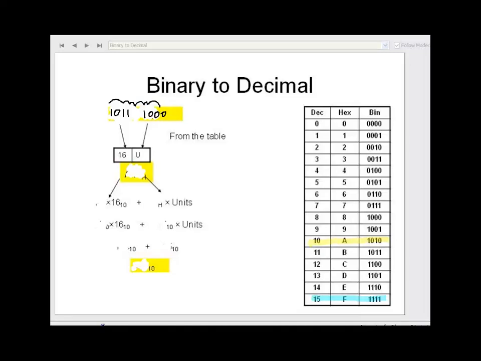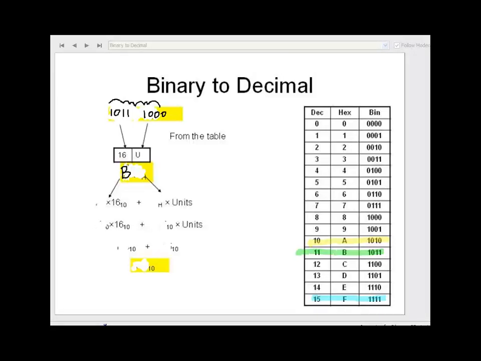Looking that up on the table. 1011 is that column, and it's worth B in hexadecimal.